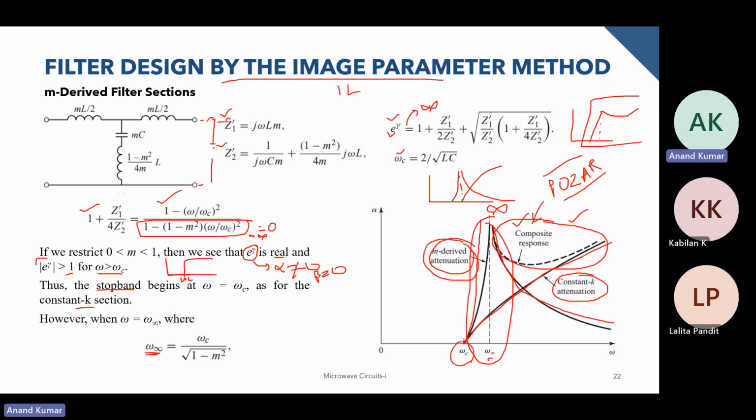So this is very good, this is excellent if you are able to do it for a wide band of frequencies. I believe this is all that we need to know for filter design by the image parameter method for a low pass filter. All these things will hold true if you modify this for a pi network or just interchange L to C or C to L. This will turn into a high pass filter.